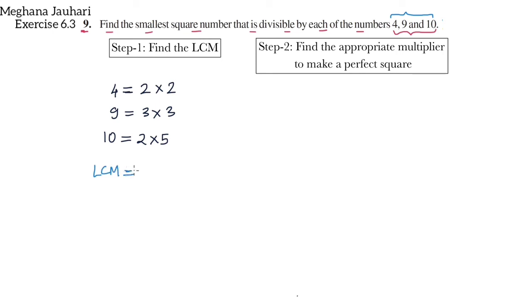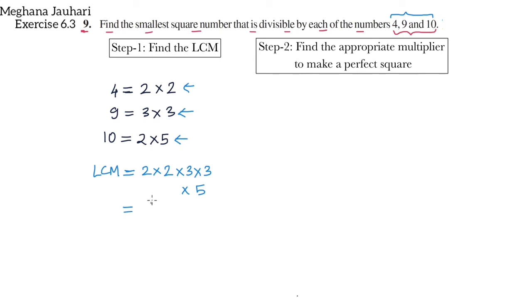So LCM will be equal to, the maximum number of 2 occurred in any of the numbers is 2 in 4, so we will write 2 repeated twice. Now maximum number of 3 is also 2, so the LCM will be into 3 into 3. Now the maximum number of 5 that occurs is 1 in the number 10, so we will write into 5. And I hope you have understood this point, how to find LCM.